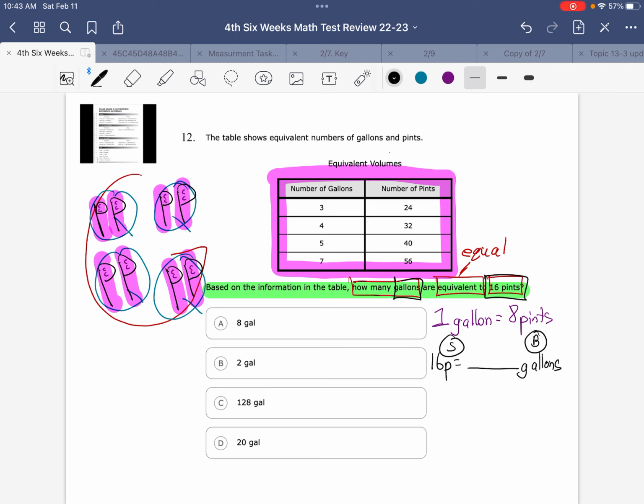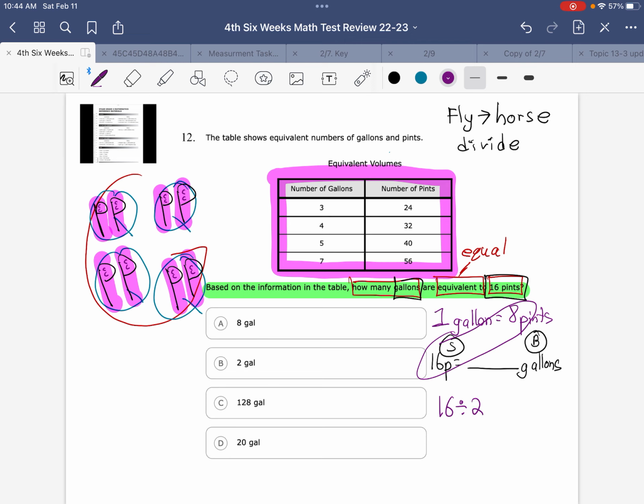So now I'm going from small to big. I'm going from fly to horse. If you're going from fly to horse, you will divide, of course. So I'm dividing 16 by 8.